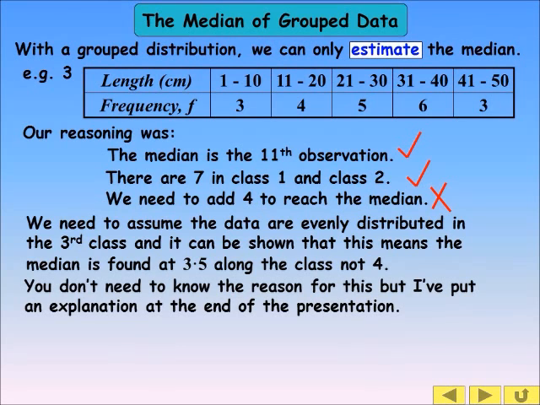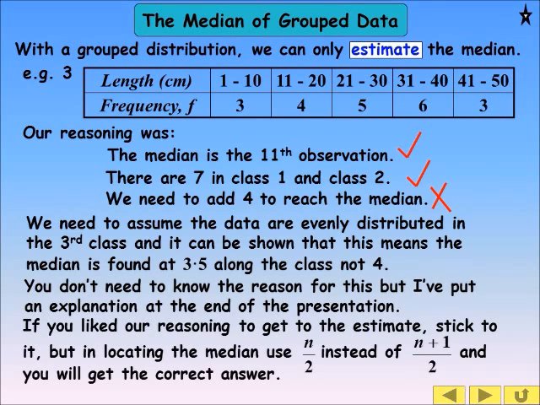You don't need to know the reasons for this, but you have an explanation at the end of the presentation. If you list out the reasoning to get to the estimate, stick to it. But in recalling the median, use n divided by 2 instead of n plus 1 divided by 2, and you will get the correct answer.